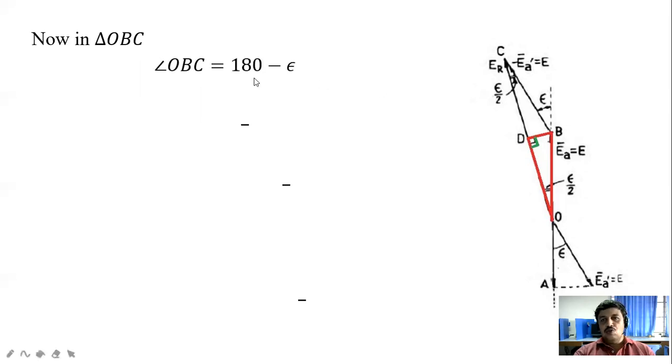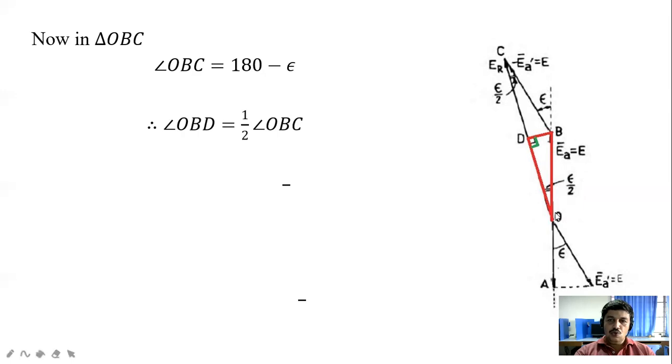In the triangle, angle OBC is equal to 180 degree minus epsilon, because this angle is equal to epsilon, and this angle is also equal to epsilon, so the total angle is 180 degree. So angle OBC is equal to 180 minus epsilon.